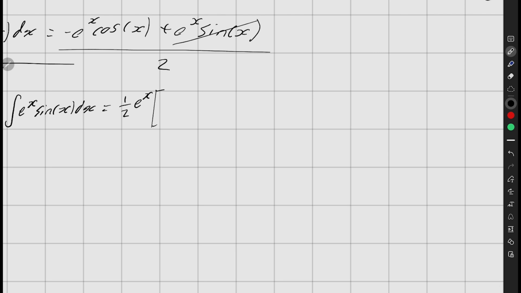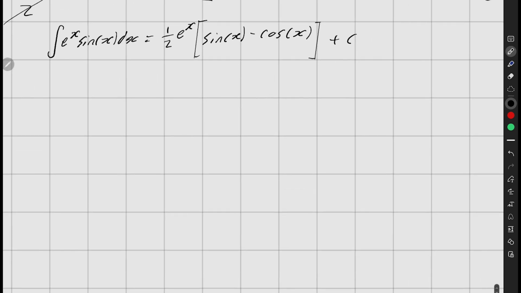Let's deal with sine x minus cos x. And don't forget to add on plus c. So your integral f of x equals a half e to the x, sine of x minus cos of x. And don't forget to add on your plus c.